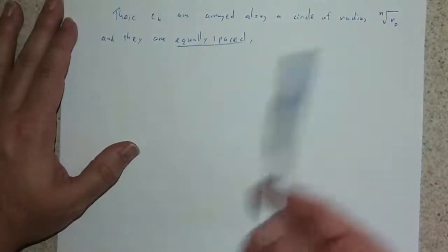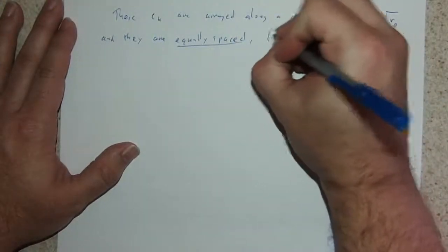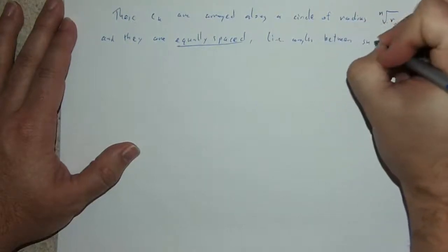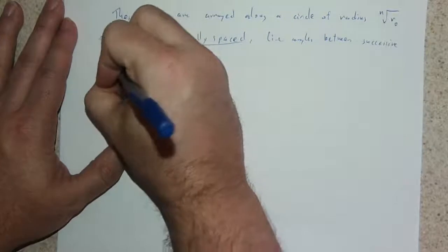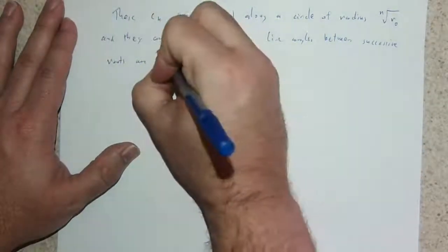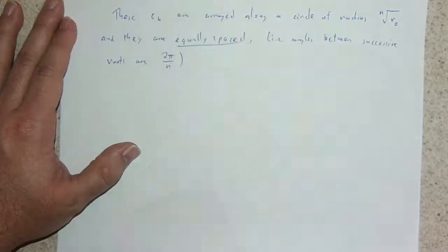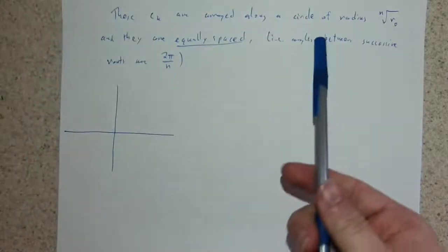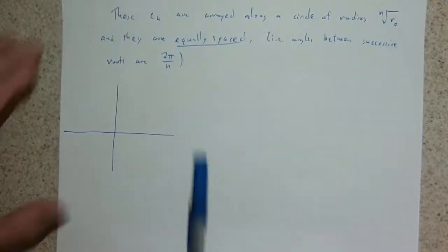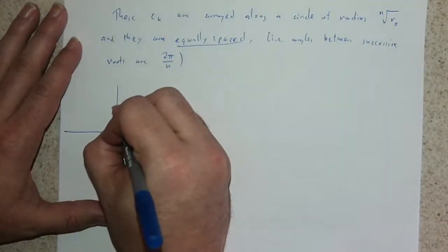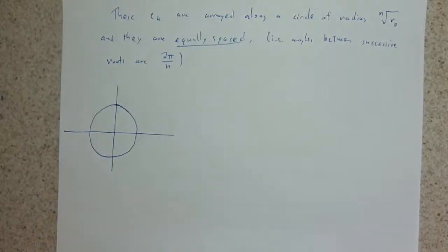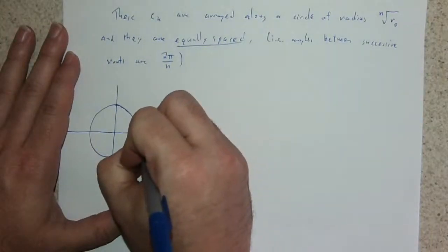What would it mean to be equally spaced for these nth roots? It means the angles between successive roots are 2 pi over n. Okay, and so what does this look like? Well, I should say the circle of radius nth root of r naught is centered at the origin. So here's my circle in question. The nth roots are equally spaced.